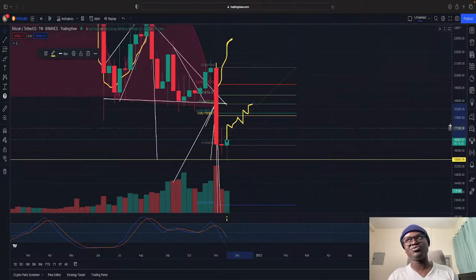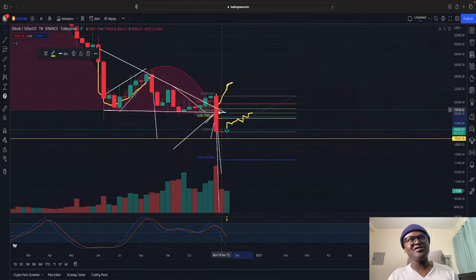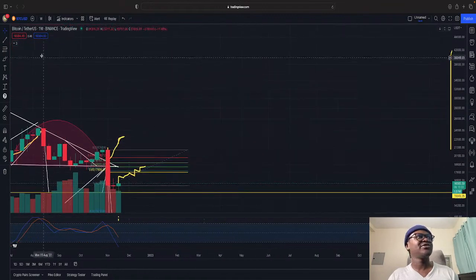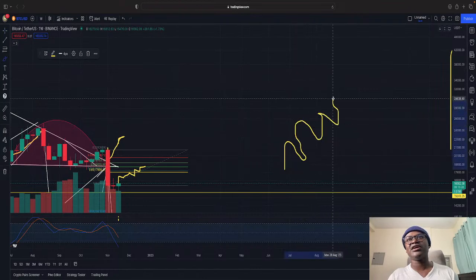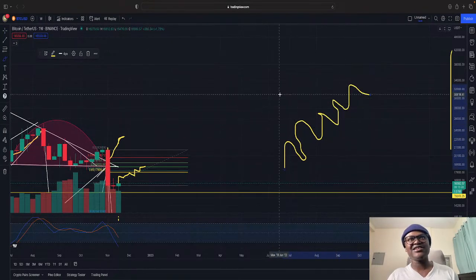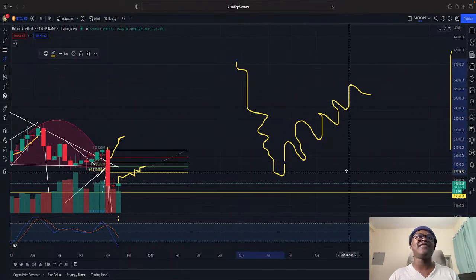Continuation to where? To the downside. Because if it comes back up here, which we talked about before, it will look like this. But this is coming from something that looks like this, so it will then just be another bear flag.